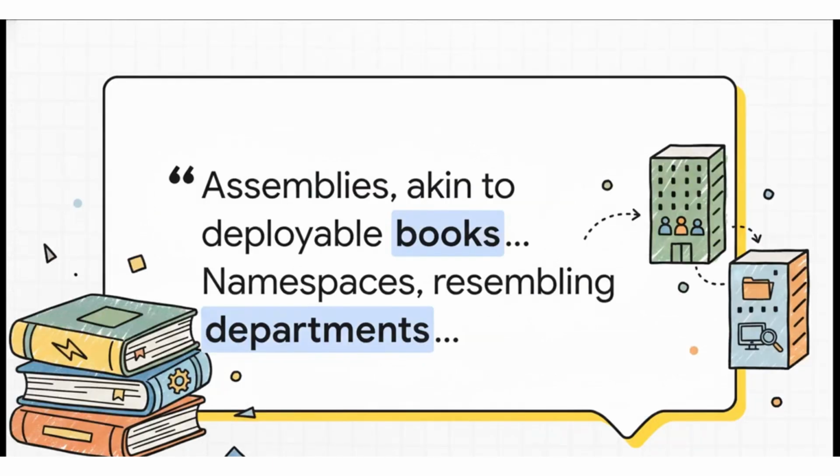I think this quote really wraps it up perfectly. It's all about mastering that interplay between your deployable books and your logical departments. That's how you can weave a tapestry of code that isn't just functional, but is also clean, scalable, and easy to maintain for years to come.